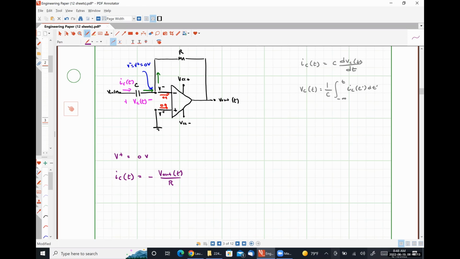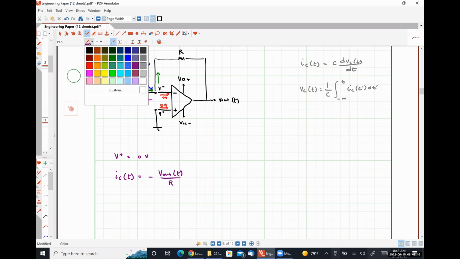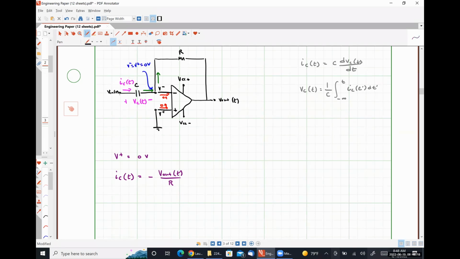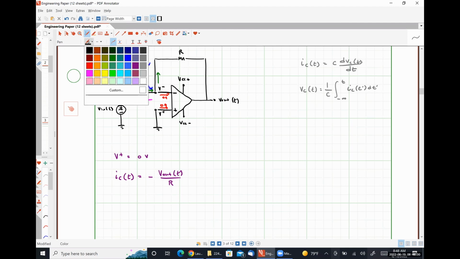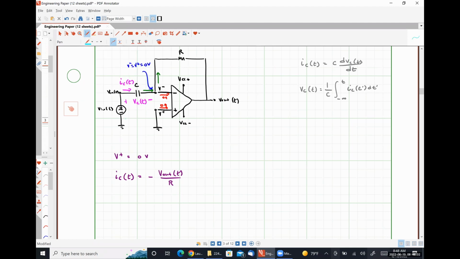Well, let's look at something really quickly here. If I draw my input voltage source like so, I can write a Kirchhoff's voltage law loop that goes from this ground through my capacitor and then down to this ground.